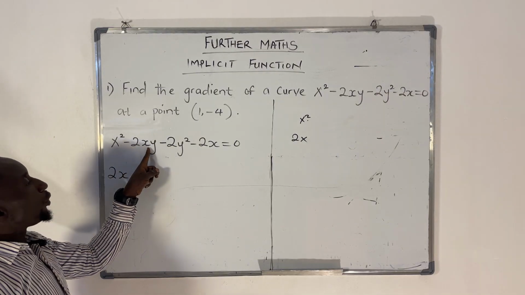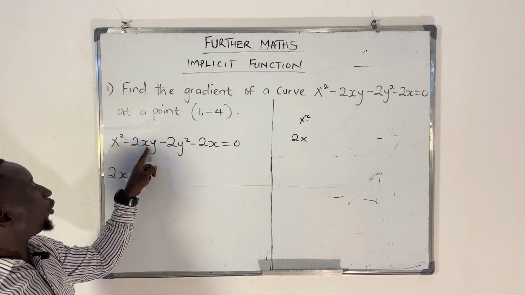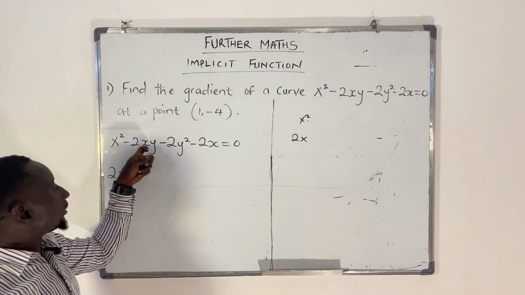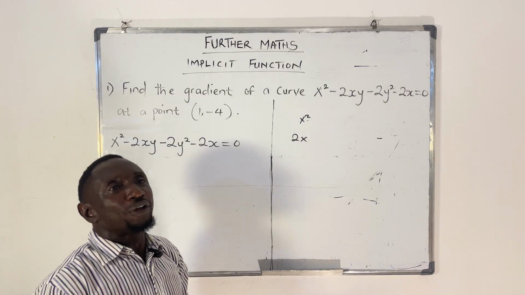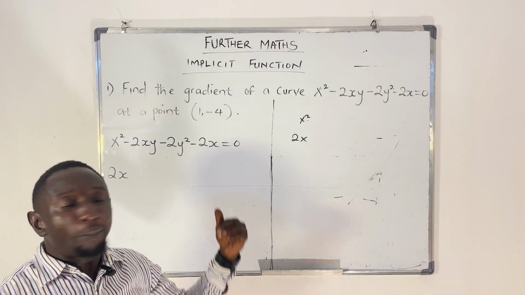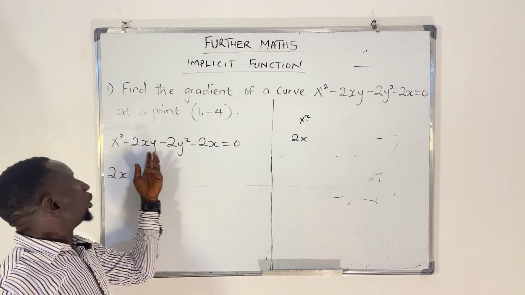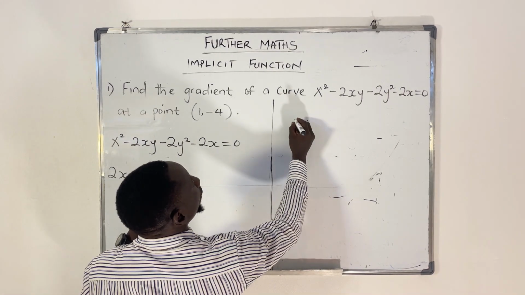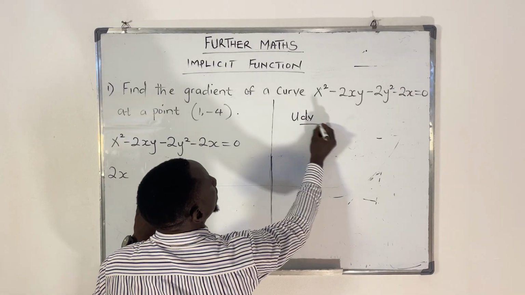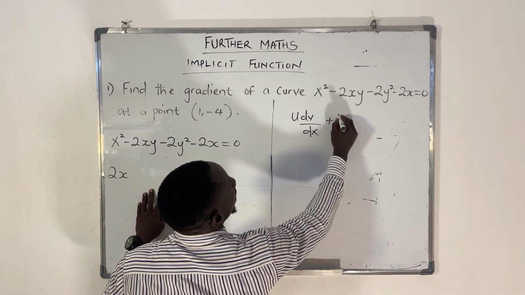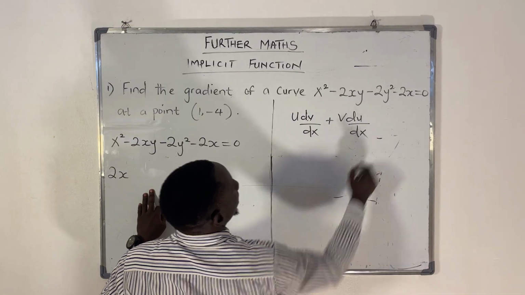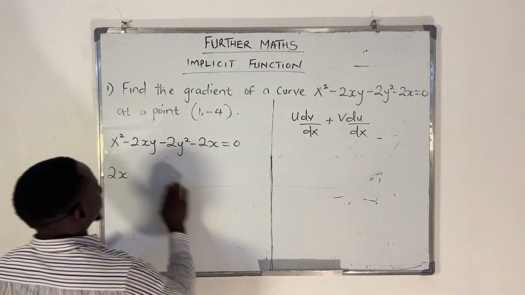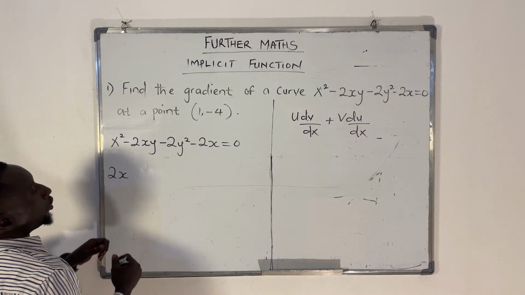Now, here we have two functions multiplying each other, x and y, and y here is seen as a function of x. Under differentiation, we will apply the product rule to differentiate this. For the product rule, we have u dv/dx plus v du/dx.